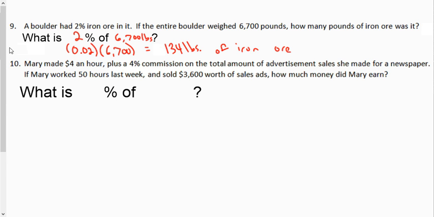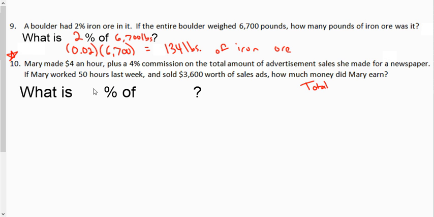And then number 10, this one's a little bit different. Mary made $4 an hour plus 4% commission on the total amount of sales she made for a newspaper. She works 50 hours and she sold a total of $3,600 worth of ads. How much money did Mary earn? Let's just say total money earned.